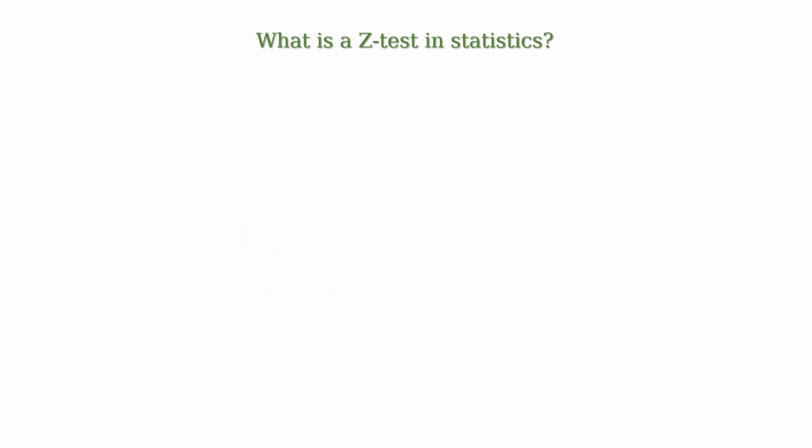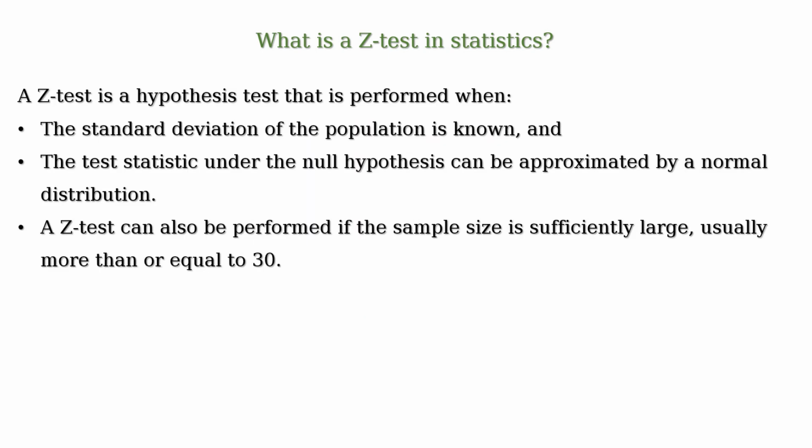A z-test is a hypothesis test that is performed when the standard deviation of the population is known and the test statistic under the null hypothesis can be approximated by a normal distribution. A z-test can also be performed if the sample size is sufficiently large, usually more than or equal to 30.